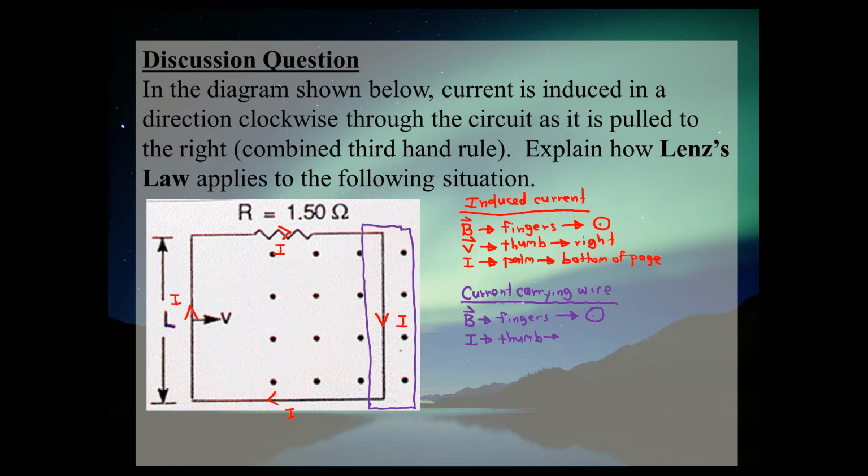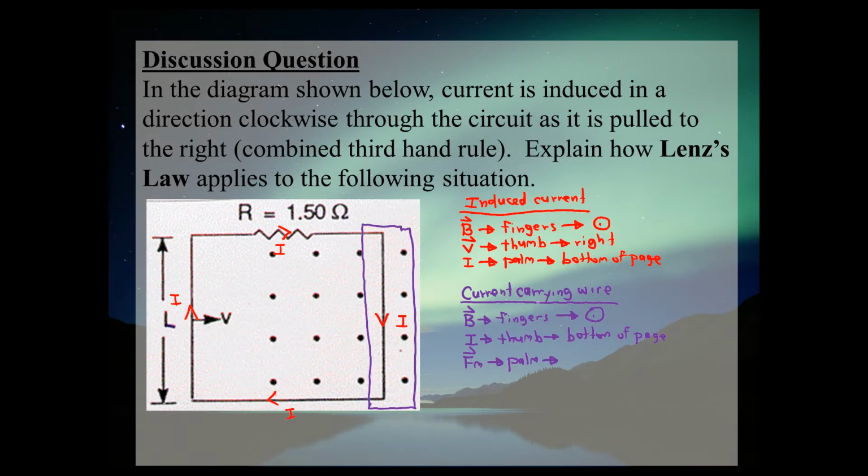So in this case, your thumb is pointing towards the bottom of the page. A current carrying wire will be subjected to a magnetic deflecting force, which is your output. So your input here would be your thumb, which is the current. Your output is your palm, which is the deflecting force.